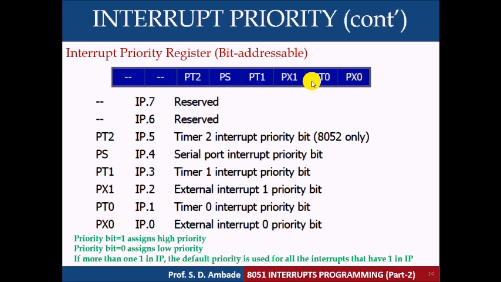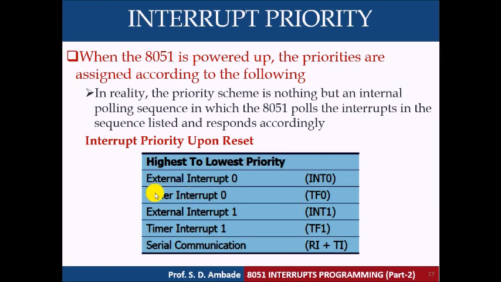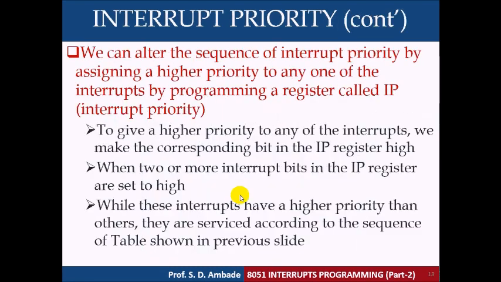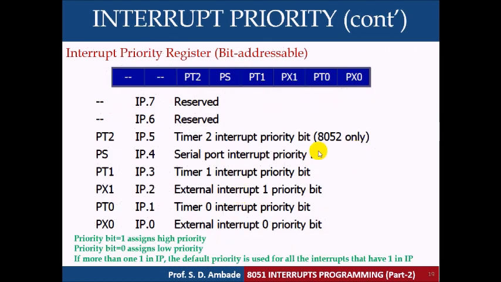Then which interrupt gets serviced first by the microcontroller? In that case, it will follow the priority table where timer interrupt 0 has higher priority than external interrupt 1. So timer interrupt 0 will get service first and external interrupt 1 will get service last. In this way, we can alter the interrupt priority by using the interrupt priority register, IP register.